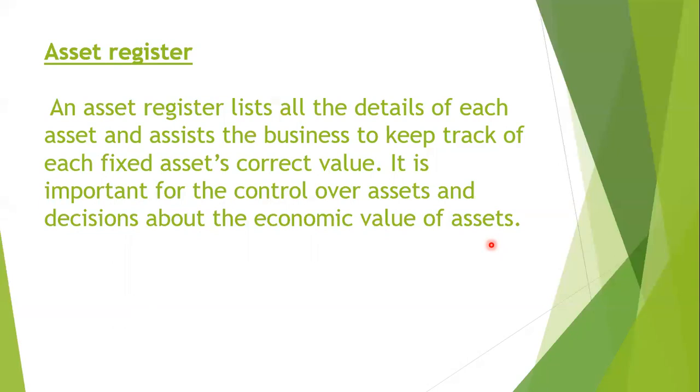So all of that is written in that asset register, and it would have a unique number. For example, if you buy a car, then it would have the license plate of the car in there. So each asset will have a unique number. It also helps businesses to keep control over the assets.